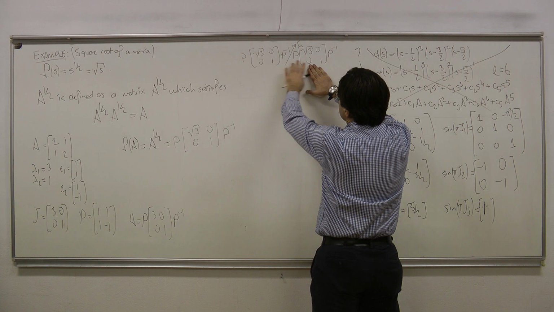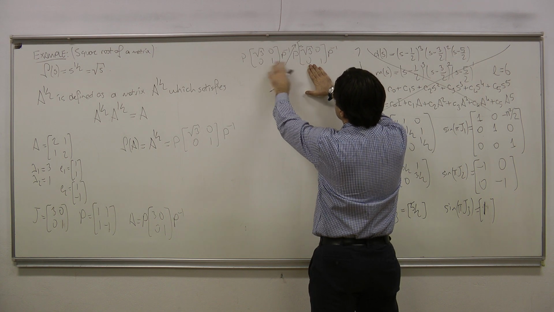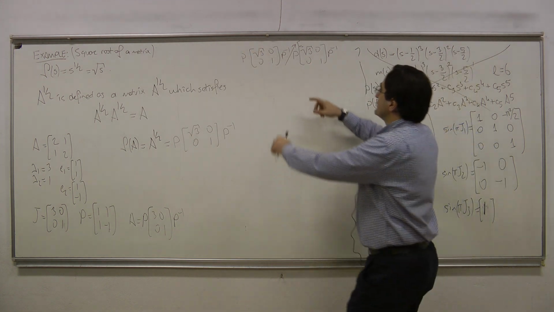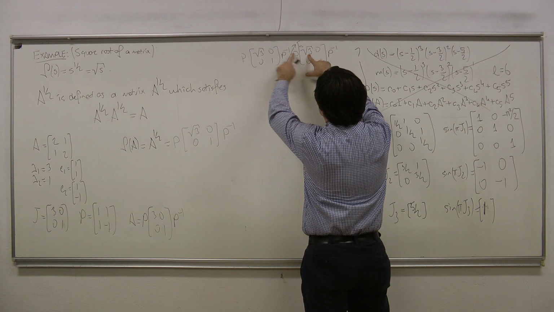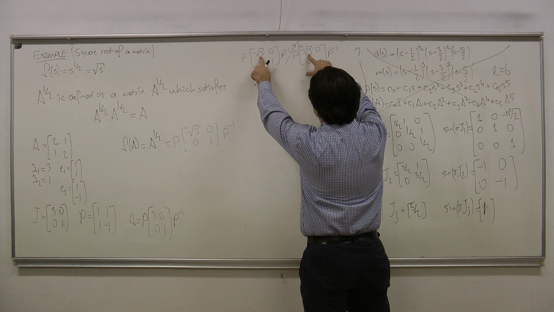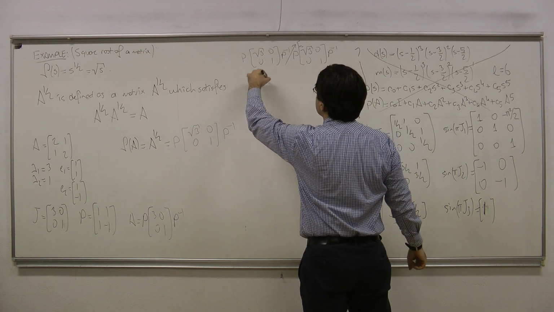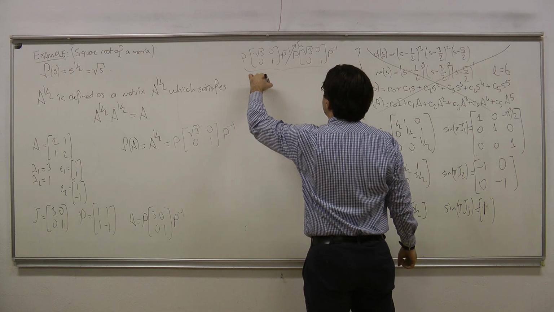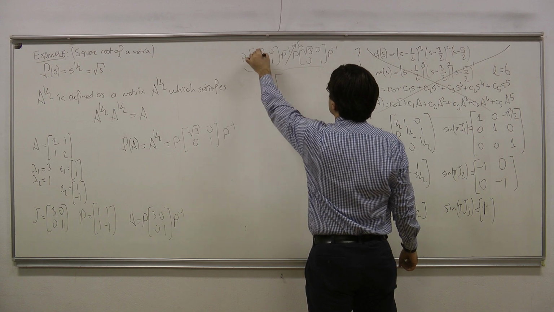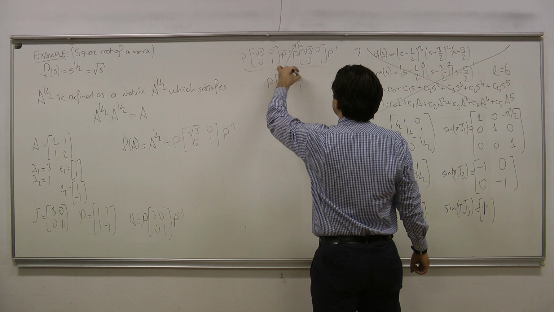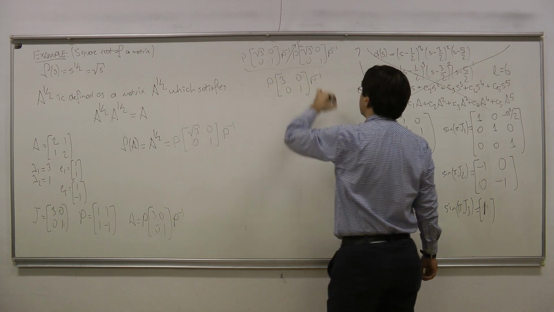The result will be another diagonal matrix whose elements are the multiplication of square root 3 with itself, and 1 with 1. So the multiplication would be P times diag(3, 1) times P inverse.